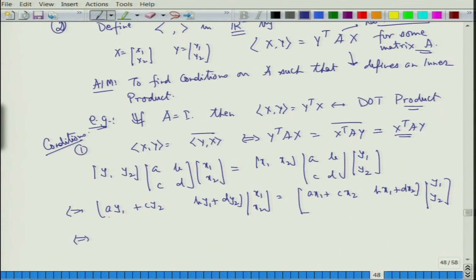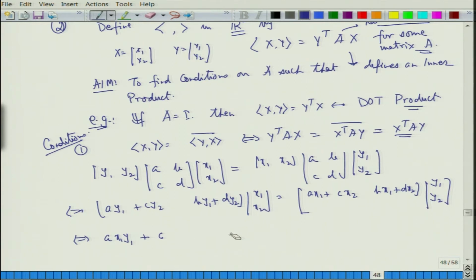Is that okay? So this is the same as a times x1 y1 plus c times x2 y2 plus b times... No, so there is a mistake here as usual.